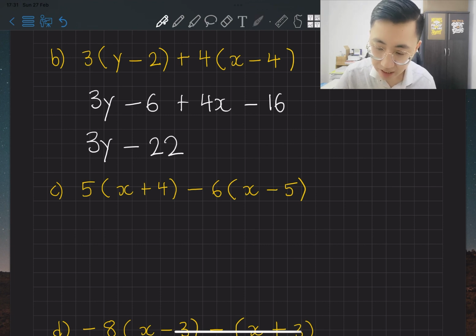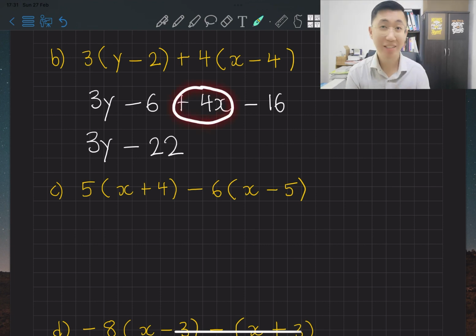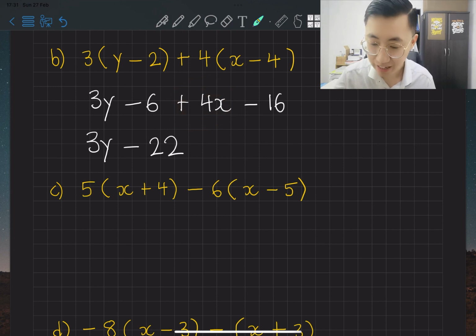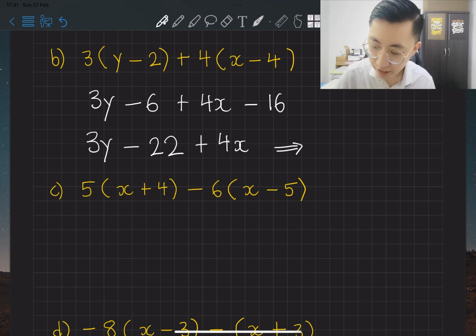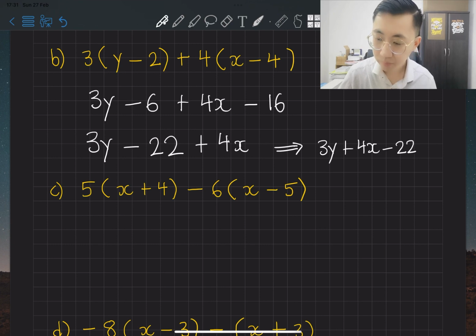Lastly we have this x alone. There's nothing to combine, so you just copy back, plus 4x. You can leave your answer like this and that should be correct. Otherwise, you can also rearrange by writing the algebra first, followed by the number. That will be the same.